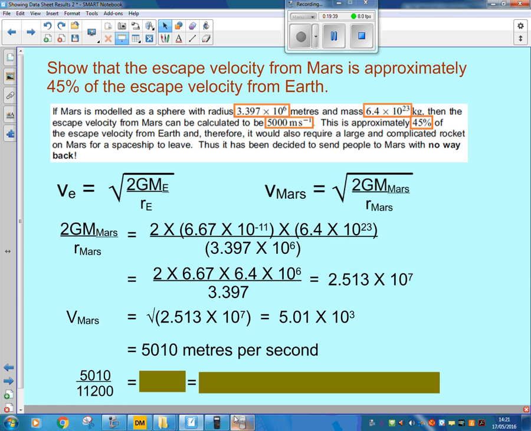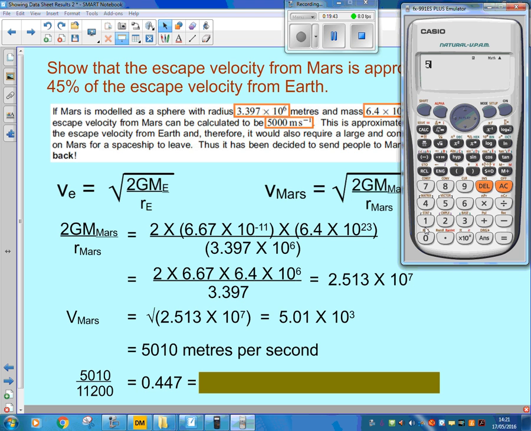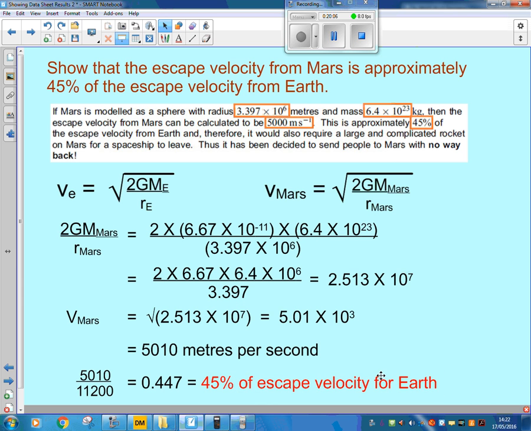Well, 5,010 divided by 11,200 equals about 0.447. To turn it into a percentage, I multiply by 100, and that comes to about 44.7, 45% of the escape velocity for Earth. So we've shown that it does work.